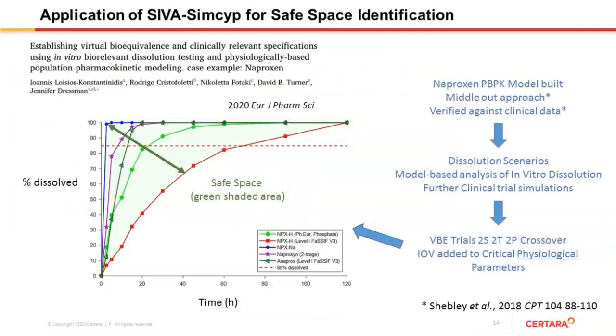So one example of the application of these tools, from in vitro experiment through modeling of these experiments with SIVA and then subsequent modeling in Simcyp, is this example I've shown here from the literature, where virtual bioequivalence and safe spaces were identified in terms of dissolution for the case example, naproxen. So the approach taken here was that a PBPK model was built using a middle-out approach.